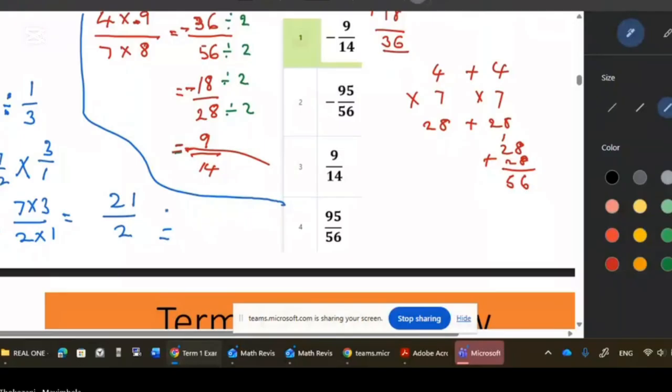You can separate, you can have 20 plus 1. How many 2 do you find in 20?